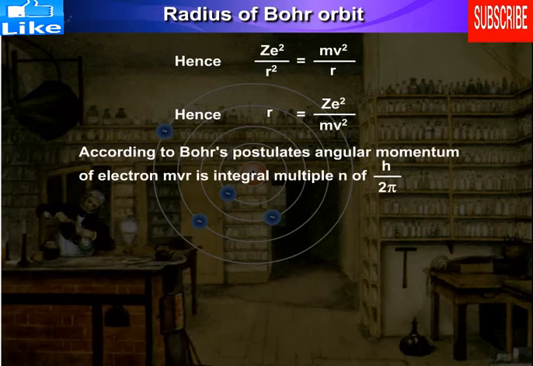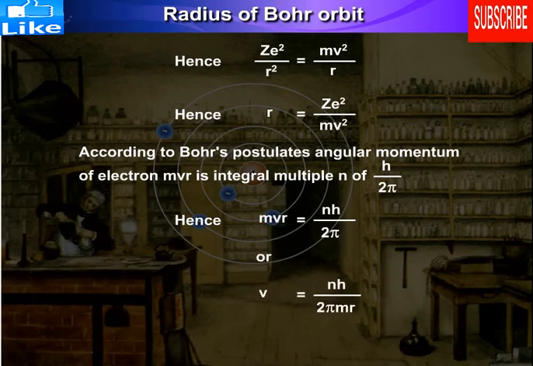According to Bohr's postulates, angular momentum of electron, mvr, is integral multiple n of h upon 2 pi. Hence, mvr equals n h upon 2 pi, or v equals n h upon 2 pi m r.